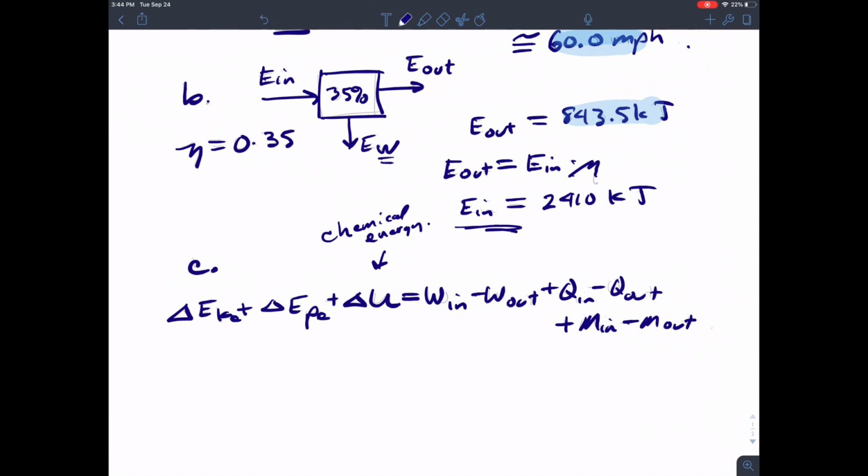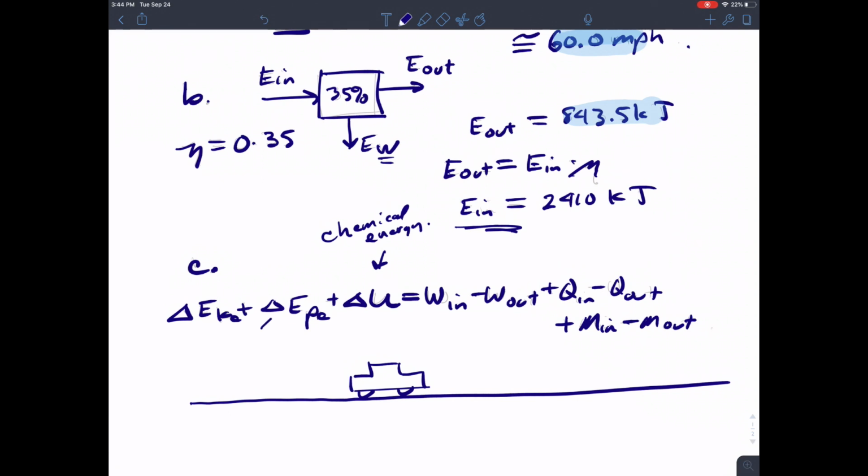In the SUV, there are certain things we're going to either assume to be zero because they are, or assume to be zero because they're negligible. Kinetic energy is not zero, but potential energy change is, because we're assuming the surface of the road is completely flat.